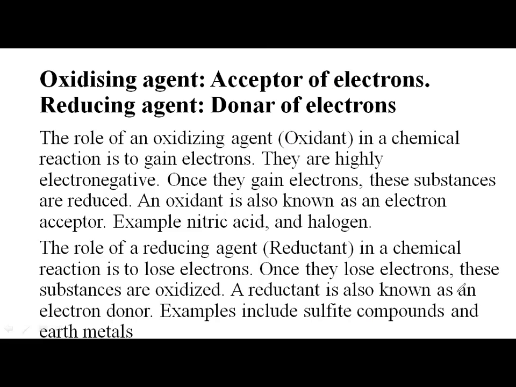Okay, fine. So, oxidizing agent. For that, we need to remember what oxidation is. Oxidation is loss of electrons, OIL RIG. That means in oxidation there is loss of electrons, in reduction there is gain of electrons.